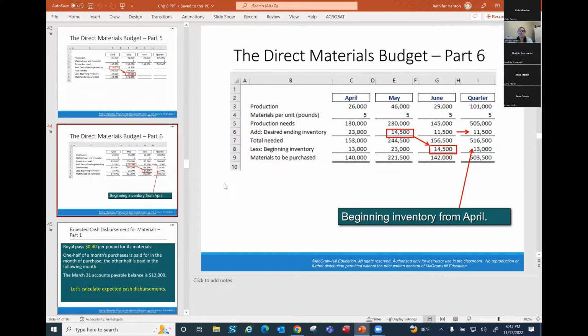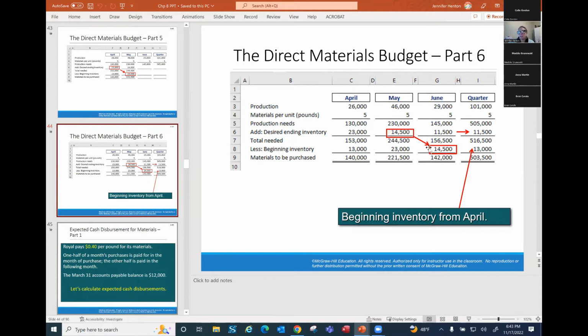Let's see what it looks like for the end of the quarter. Okay, so the beginning inventory from April is the 13,000. So what's happening is they have to calculate this based on the production that's happening in the next month, which is August. And I can't remember if they gave us that information. Maybe they would have to give it to you in order for you to do the calculation.